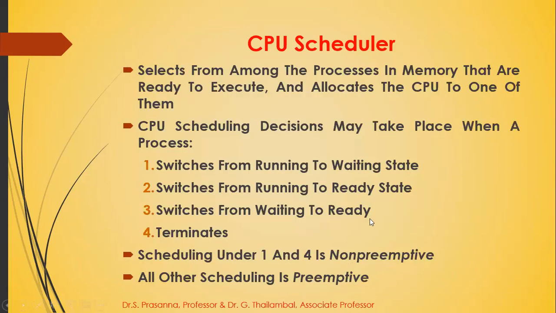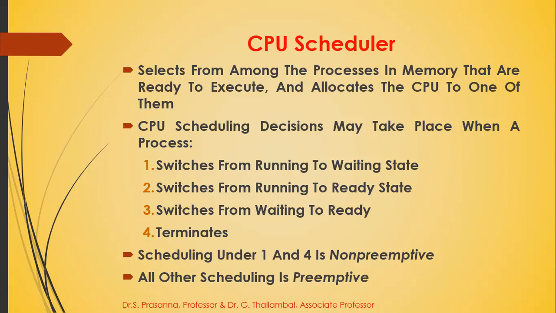What is a CPU scheduler? Scheduling the processes to the CPU is a big task. Which process needs to be scheduled to the CPU at a particular time? For that, some algorithms are used, which we are going to see consecutively. The scheduler selects from among the processes in memory that are ready to execute, and allocates the CPU to one of them.